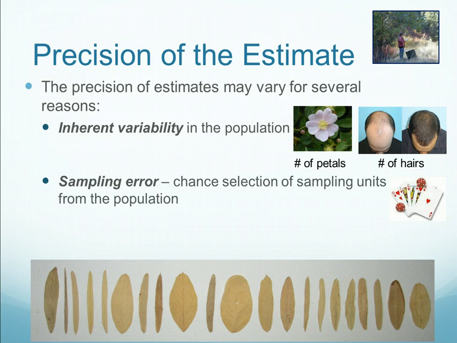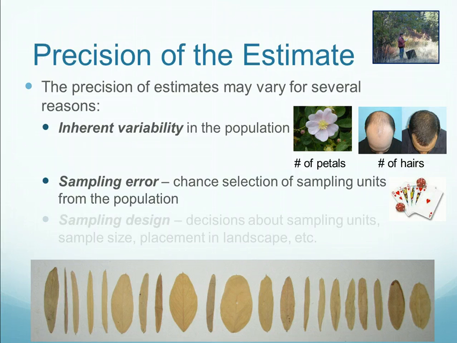Sampling error is another source of variation in the precision, so that just due to chance selection of sampling units from the population, we can get variation in our precision simply because we're selecting a subsample of all the sampling units that are available.